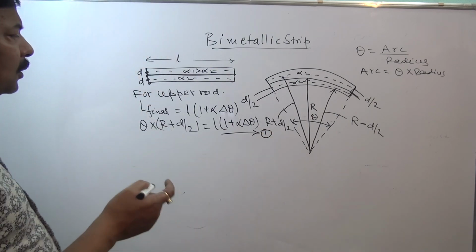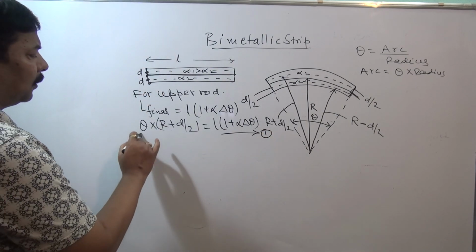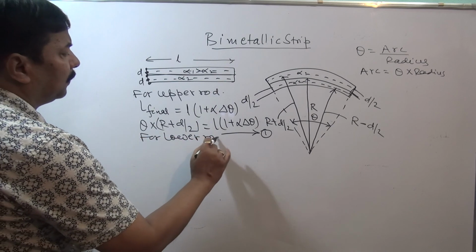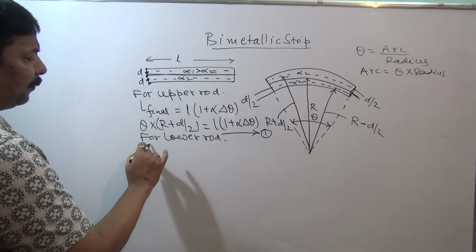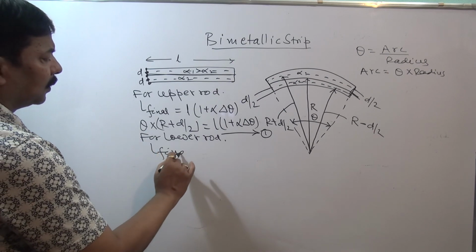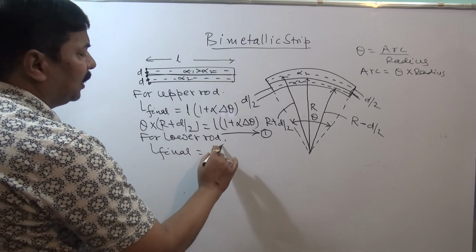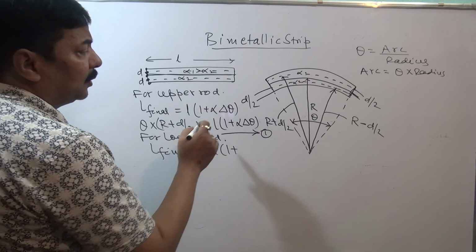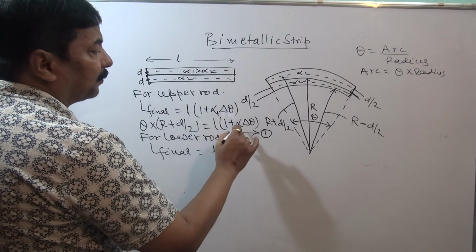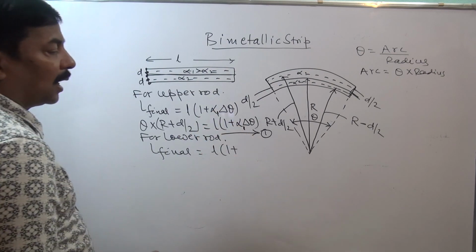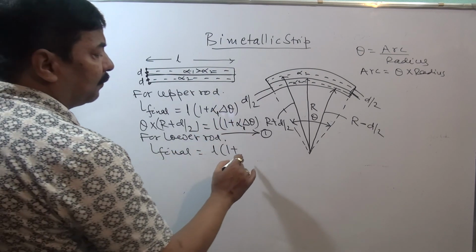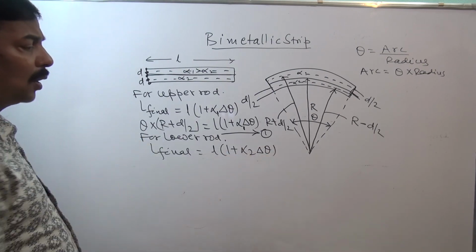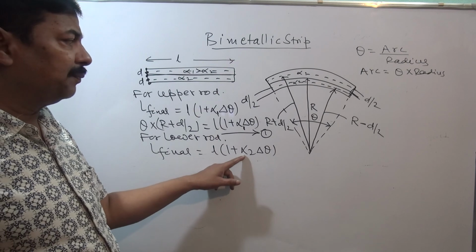If we talk about the lower rod, the final length is equal to L into 1 plus alpha 2 delta theta. For the upper rod I have taken alpha 1, and for the lower rod the coefficient of linear expansion is alpha 2.